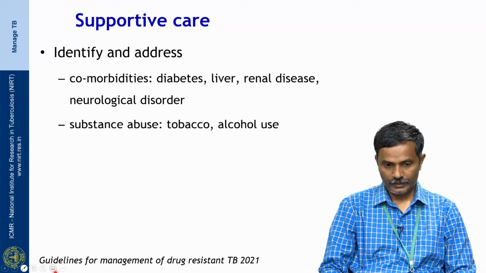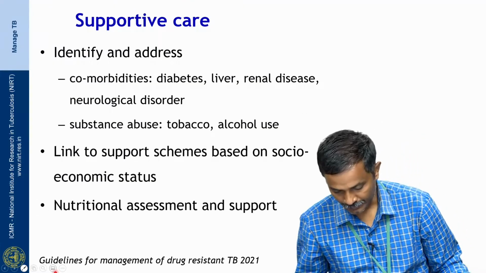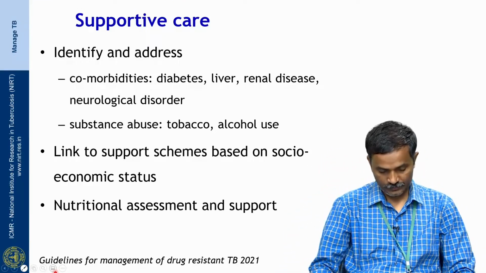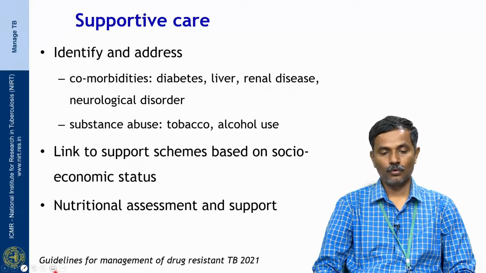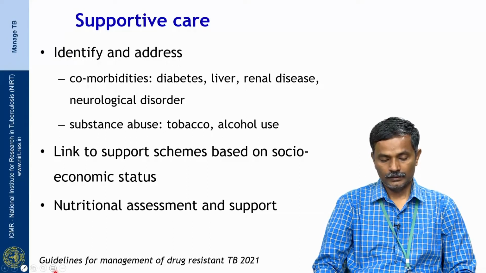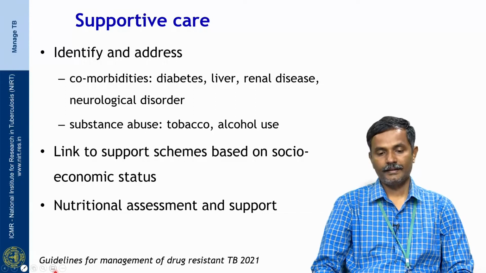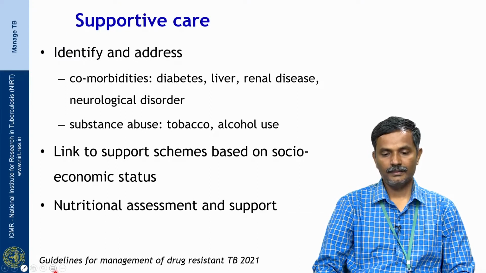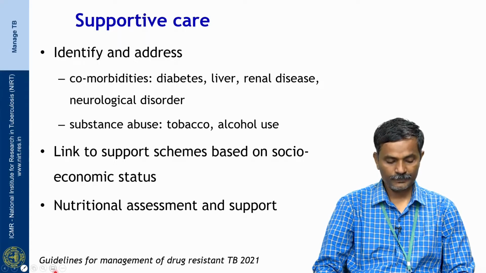Supportive care is very important, like pulmonary rehabilitation. In supportive care, we have to identify comorbidities which will adversely affect treatment outcomes or adherence to treatment, like diabetes, liver and renal disease and neurological disease.